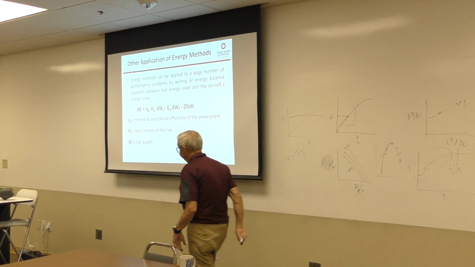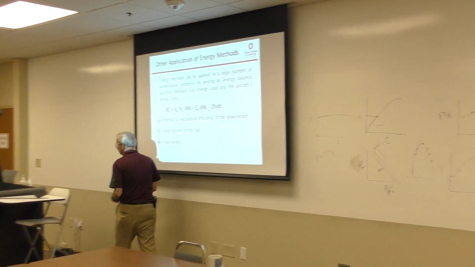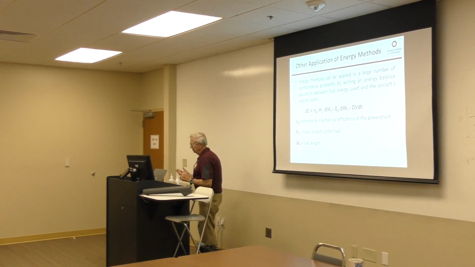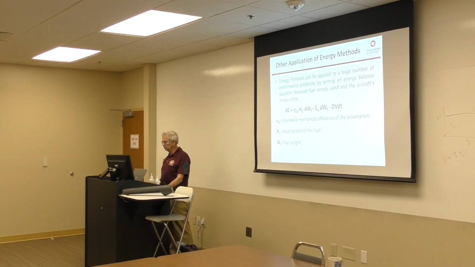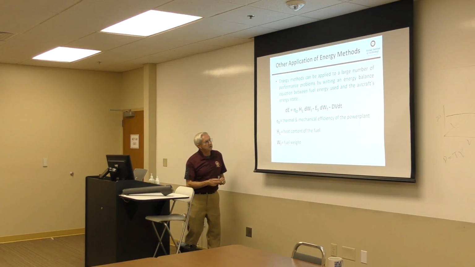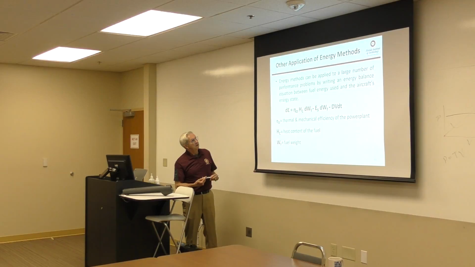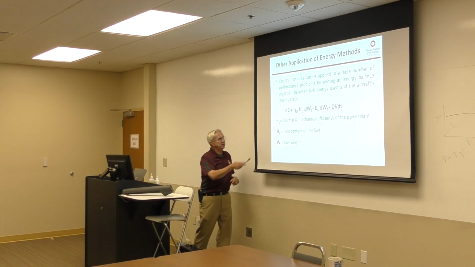But there are a number of other things you can do with this method. You can look at a large number of performance problems. Take an energy balance. In this equation, we have the equation between fuel energy used and the aircraft's energy state.